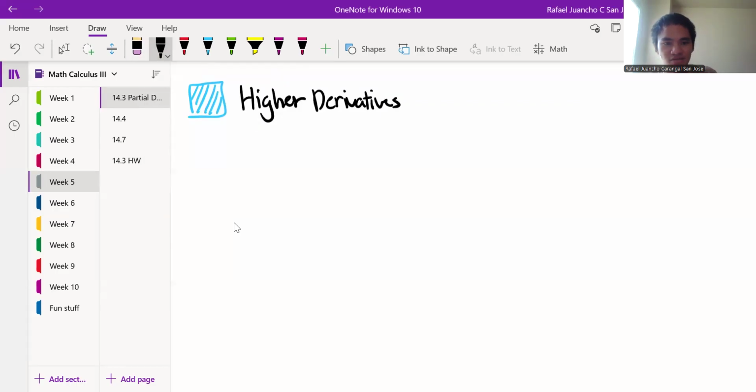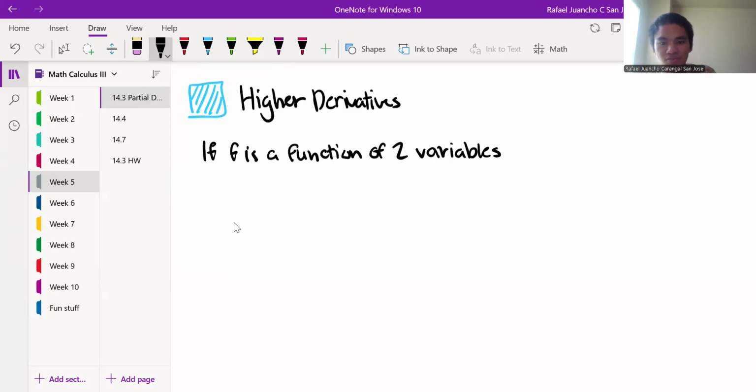So let's say f is a function of two variables, namely f of x, y.